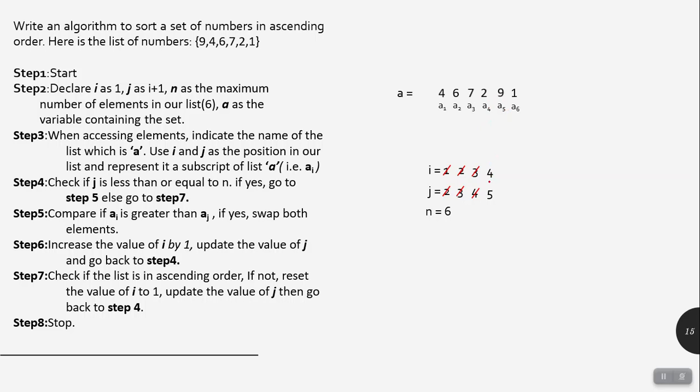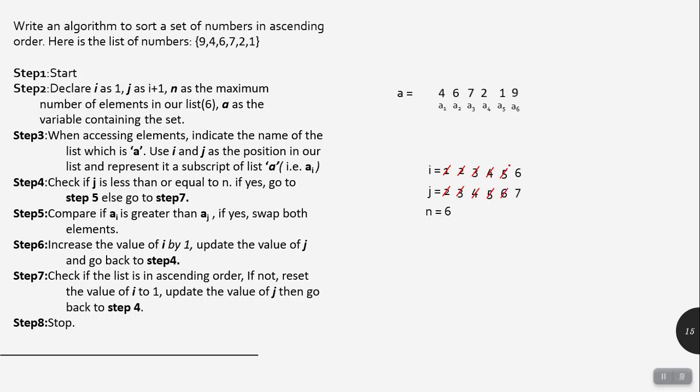And then update the value of i, update the value of j. So a sub i is 9, and a sub j is 1. Is 9 greater than 1? Yes. So we'll update the value of i by 1, and then add 1 to the value of j.